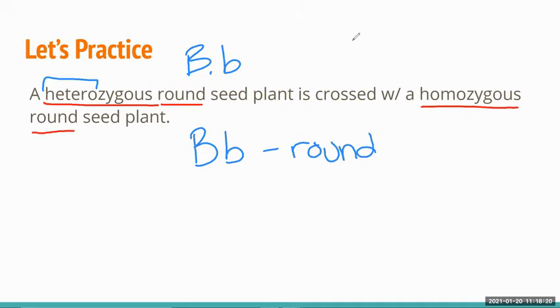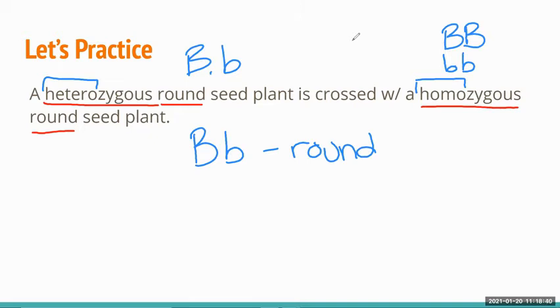Then we see that we have another plant that's homozygous round seed. Now, how the heck do we know? We just know that's homo, which means that it's going to be the same allele. So we're either going to be homozygous dominant or homozygous recessive. But how do we know which one?